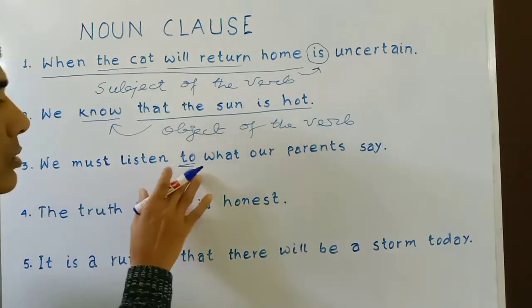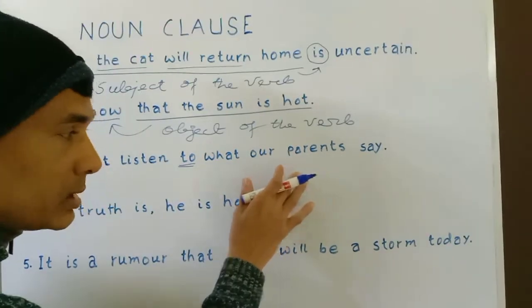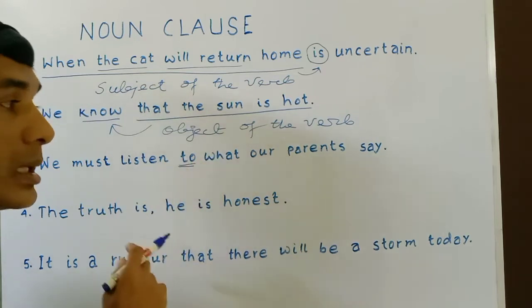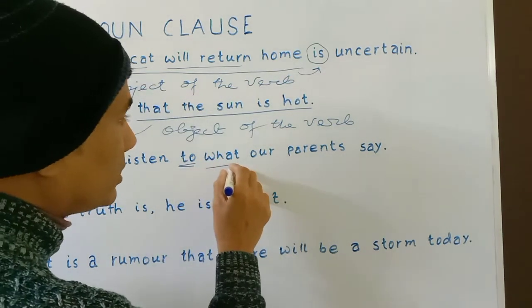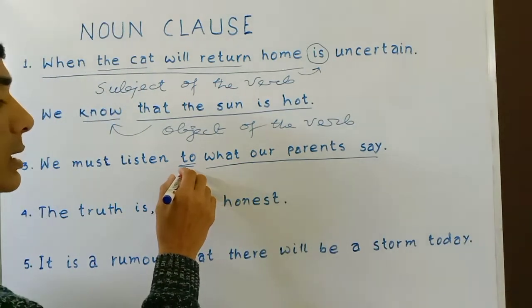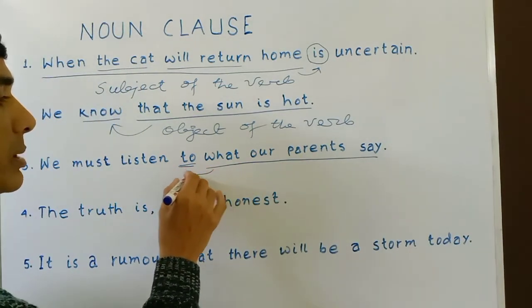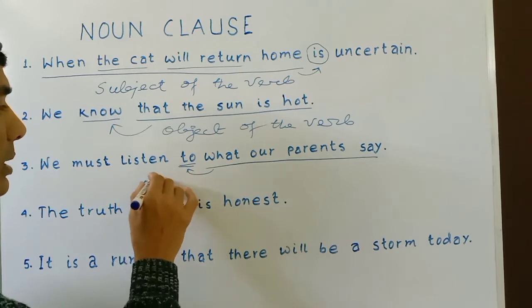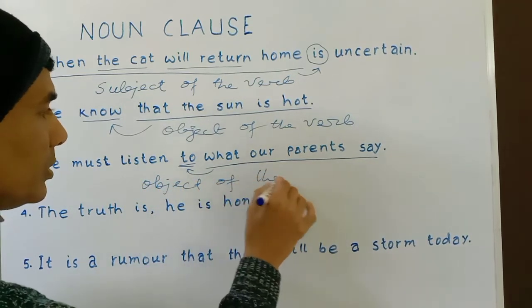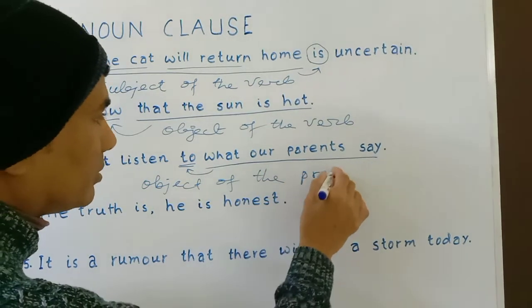We must listen to whom? Parents. So this to is only a preposition, it will take an object, and what our parents say, this total part, is the object of the preposition to. So I will write here: object of the preposition.